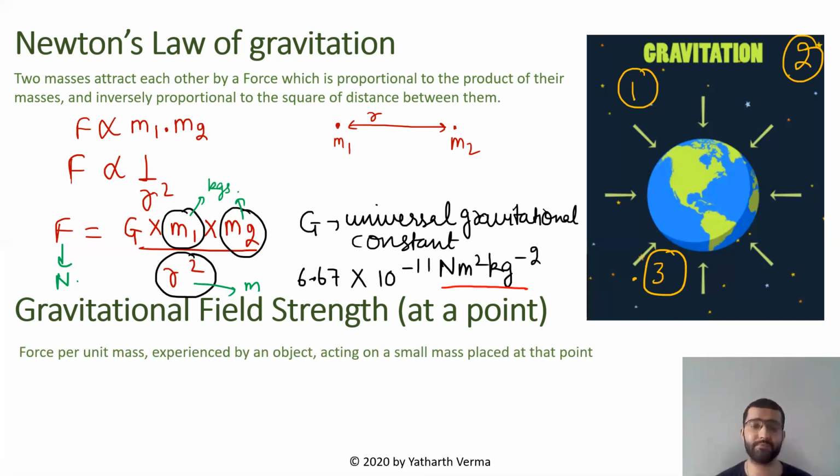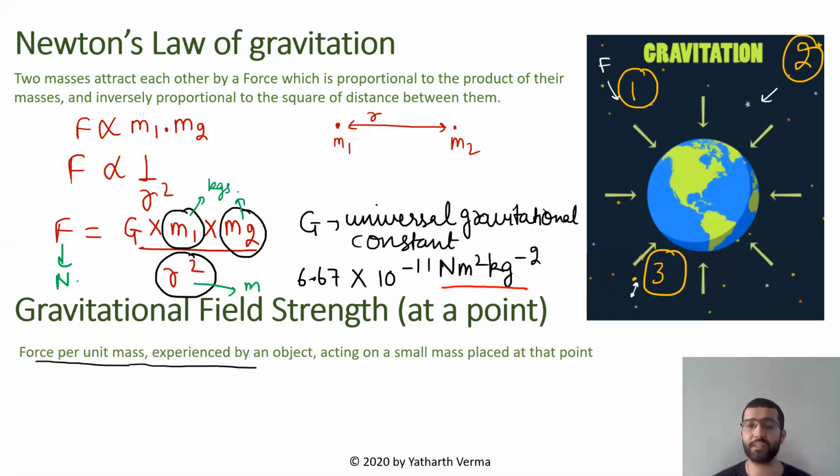So, first part of this definition is force per unit mass experienced by an object. What will happen if I take an object and place it at point number 1? It will experience a gravitational pull, right? It will experience a force. At point 2, if there is another object, it will also experience a force, right? At point 3, if there is another object, that will also experience a force.